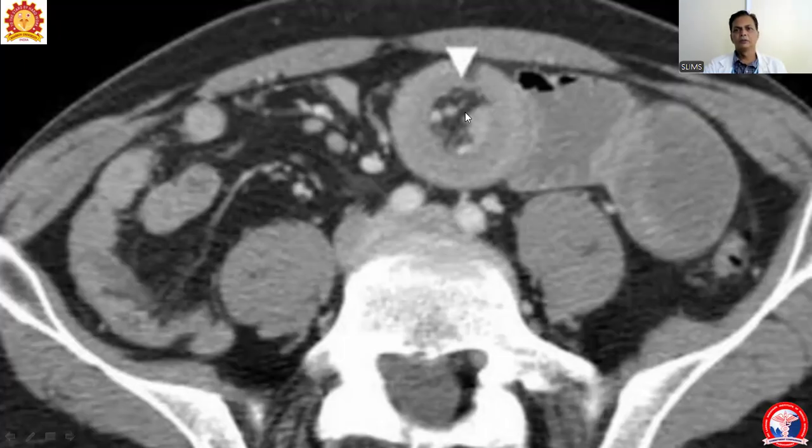Along with it, in the septum, there is mesenteric fat, as well as some blood vessels also seen here. And the thickened, inflamed band is seen here of intestinal wall within. This is a case of intussusception.